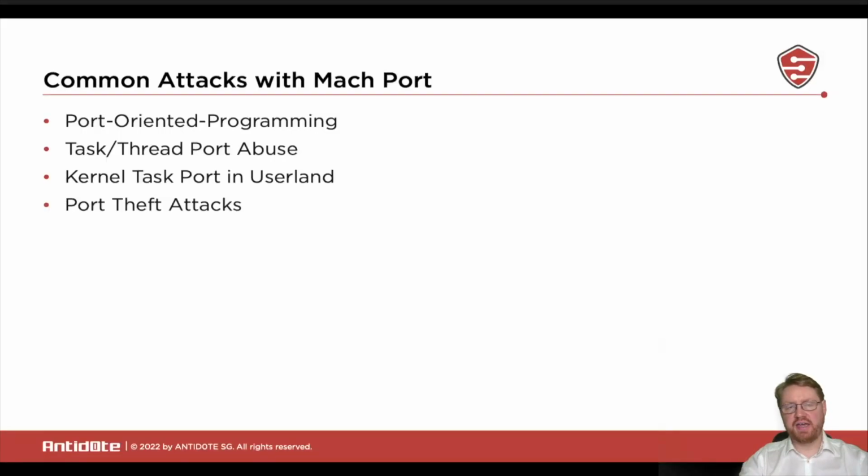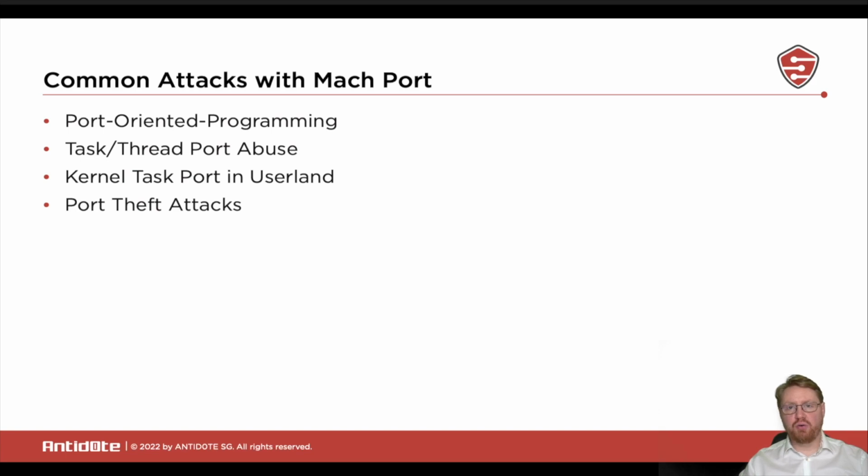To understand why Mach port hardening strategies are required, we first have to understand that there are a number of common attacks in the wild that are used against Mach ports. This is first and foremost port-oriented programming, something that has basically powered a lot of public jailbreaks and also private exploits.